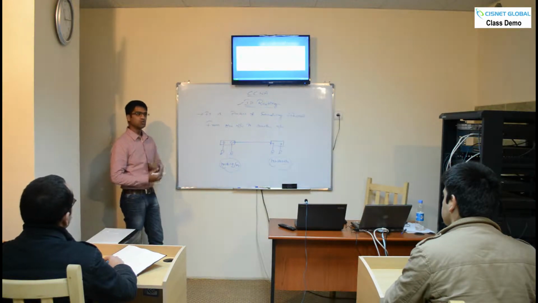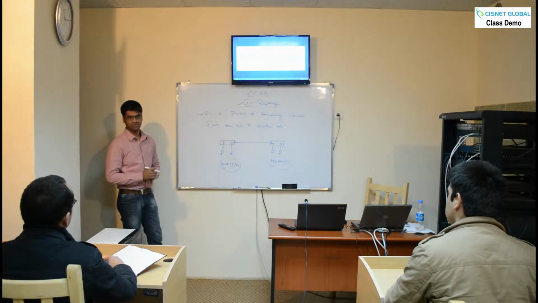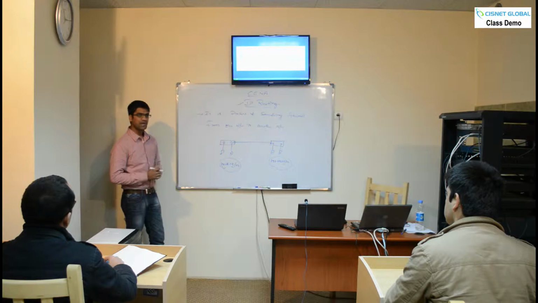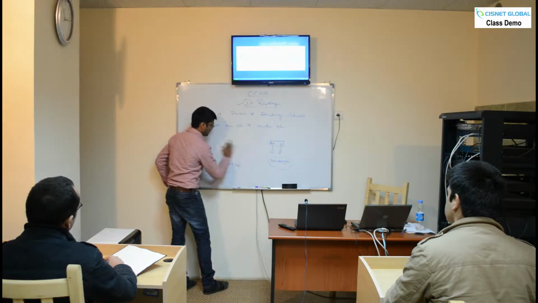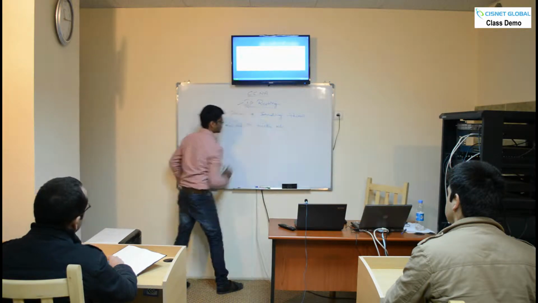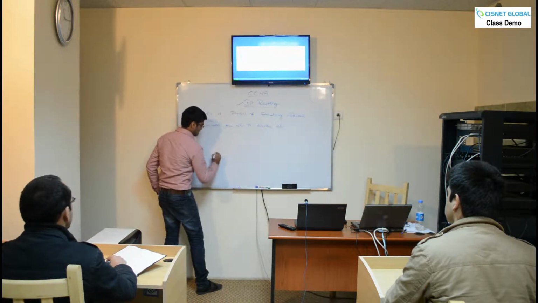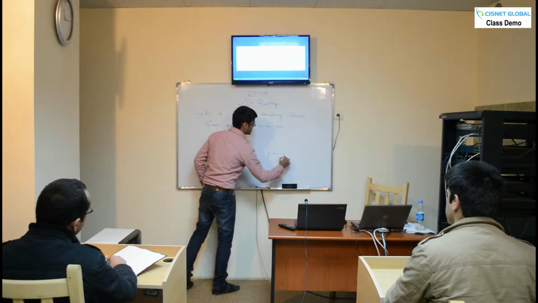To do the IP routing process, we take the help of routers and multi-layer switches. Let me show you the process. I have one switch and here is another switch.